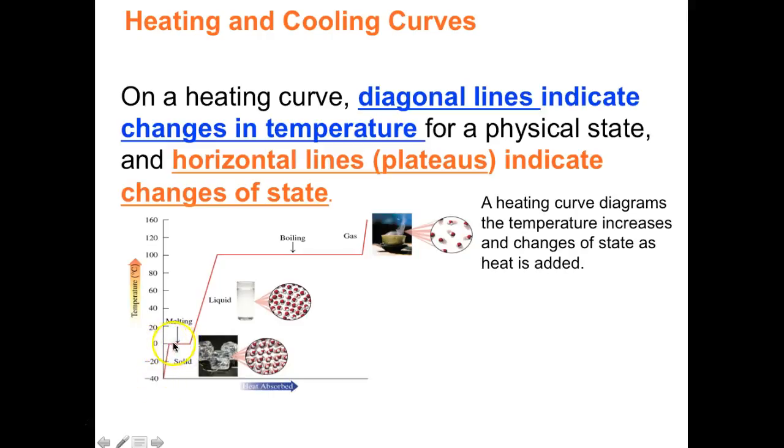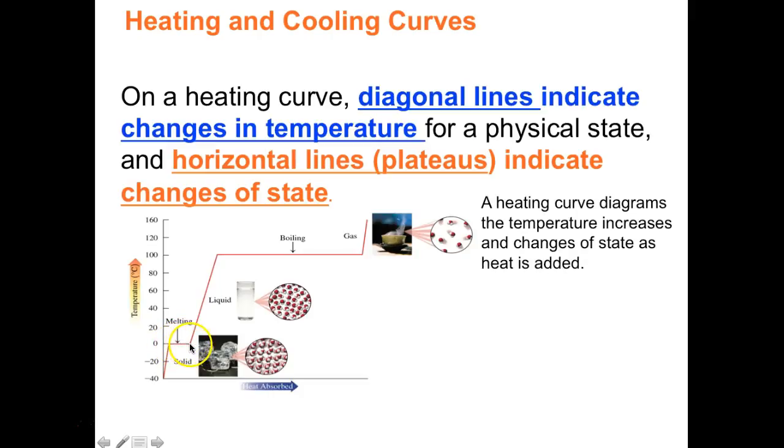And then the temperature stays constant here at 0. And that's why you see that flat line, the horizontal line or the plateau. The reason for that horizontal line is because the temperature is staying constant at 0 degrees until all of that ice has melted and become water.